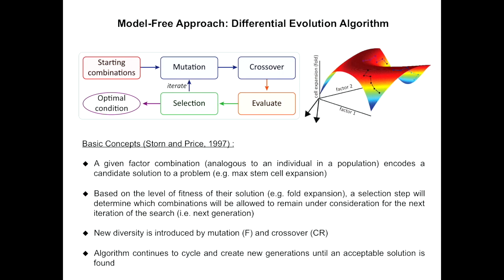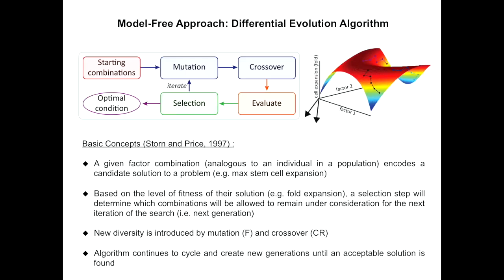So first, I'll start with the model-free approach. We developed a cell culture optimization algorithm based on differential evolution. This is based on evolutionary computing. The principles were presented by Storn and Price in 1997, and it was used mostly to solve complex equations that could not be solved analytically.